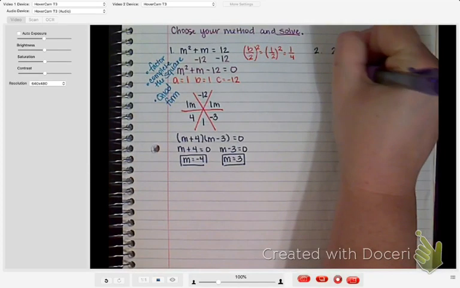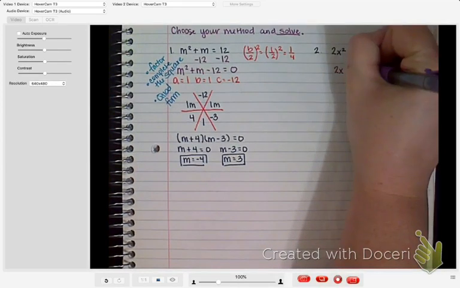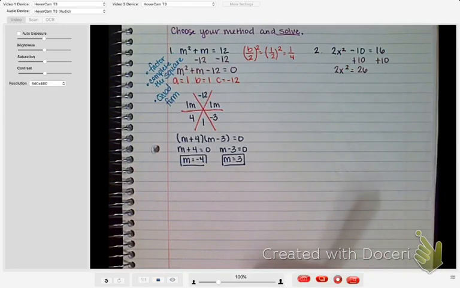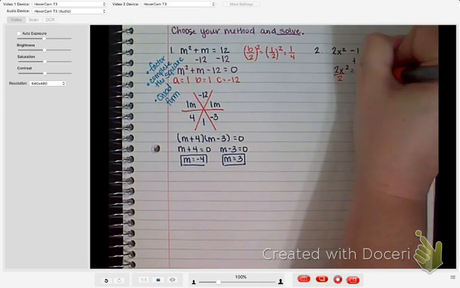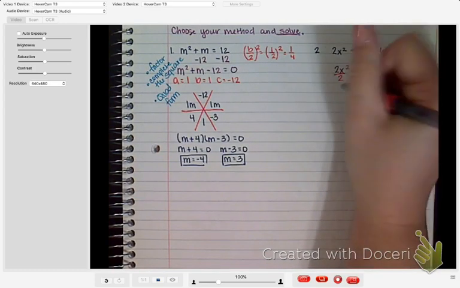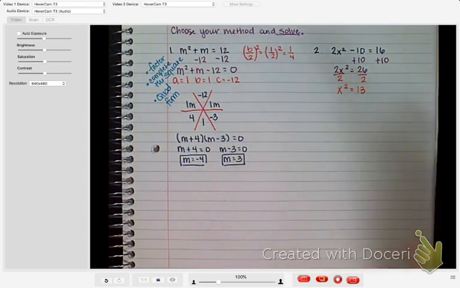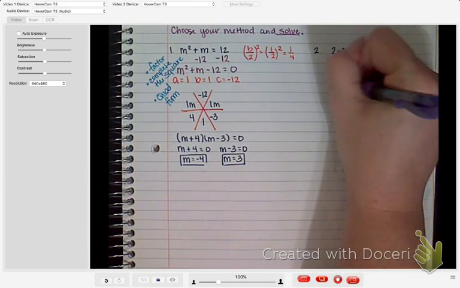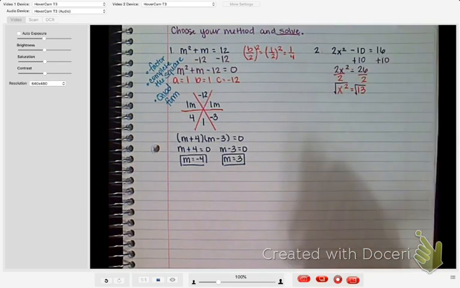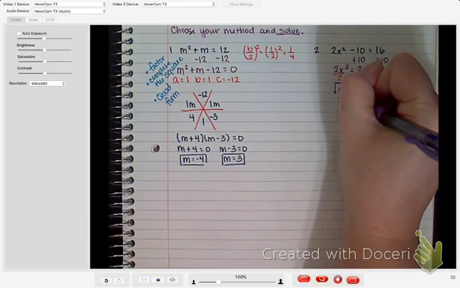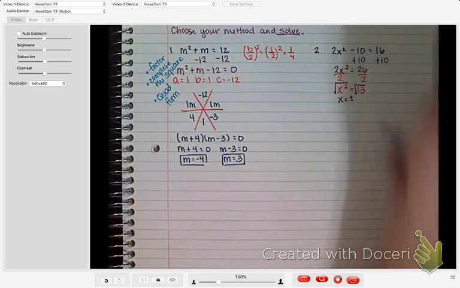2x squared equals 26. We're going to divide by 2. x squared equals 13. So now that x squared is by itself, I can take the square root of both sides. And remember, when you're taking the square root and you are solving an equation, you have a plus minus.